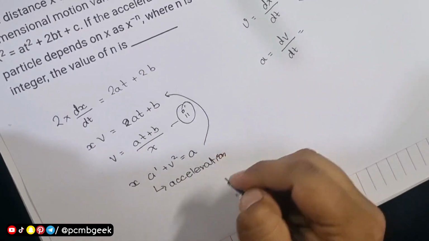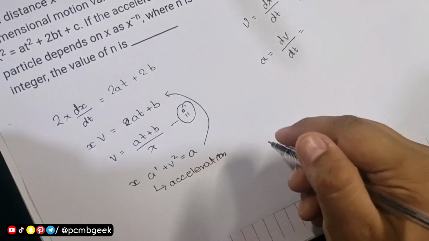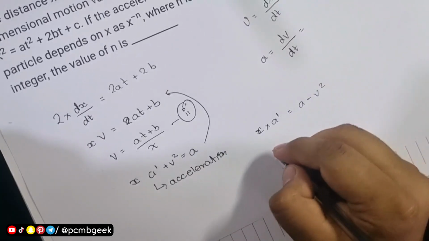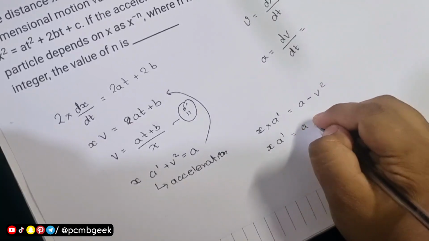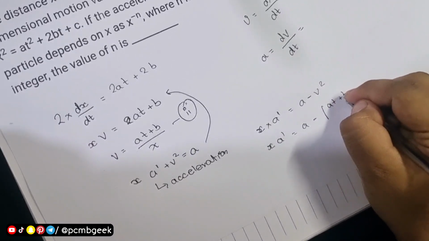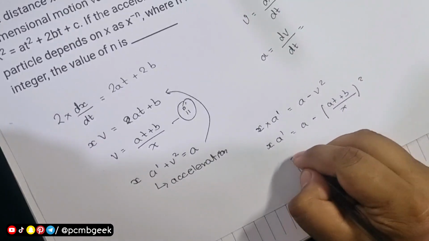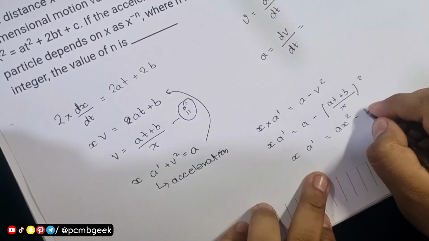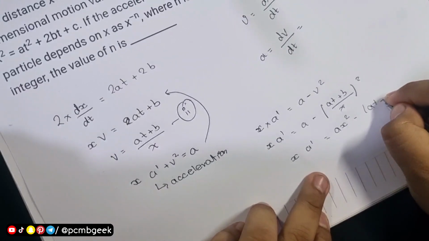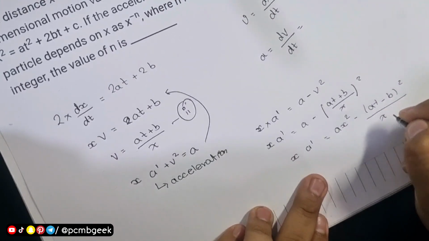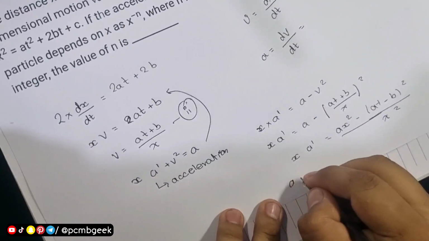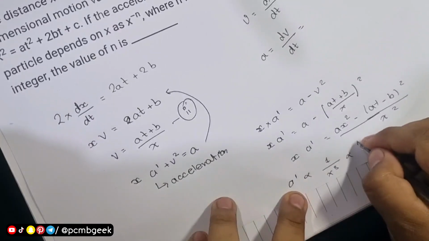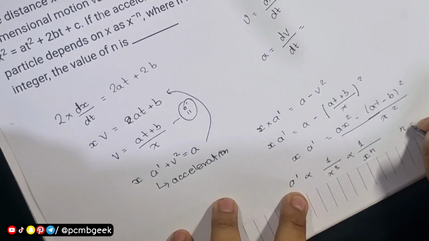So if I just solve it using the value of v square, x multiplied by a dash equals a minus v square, that is nothing but x times a dash equals a subtracted by at plus b whole square divided by x square, which is nothing but x a dash equals a x square minus at plus b whole square divided by x square. That means a dash is directly proportional to 1 upon x cube. That means the value of n is 3.